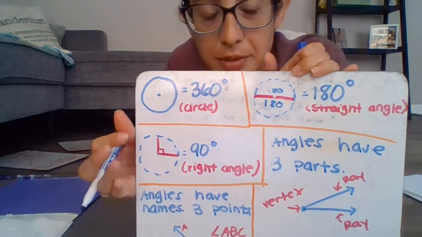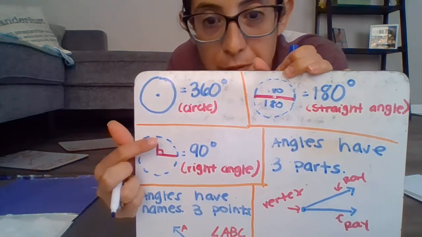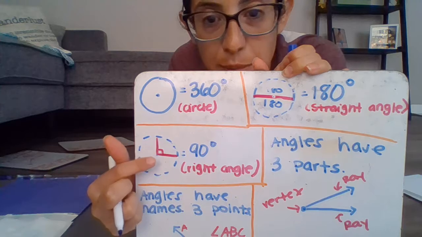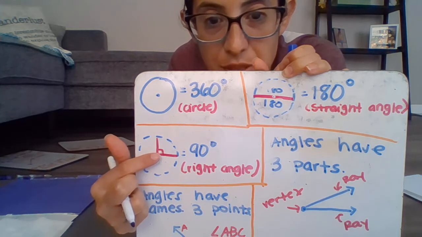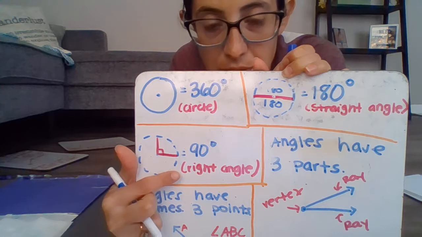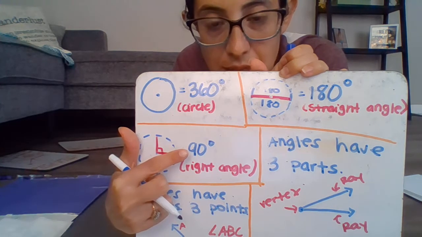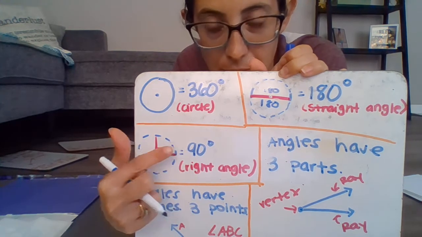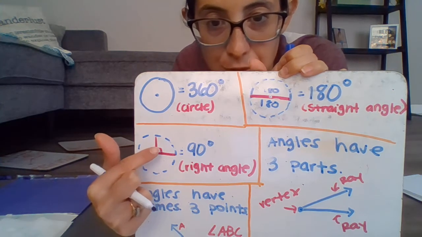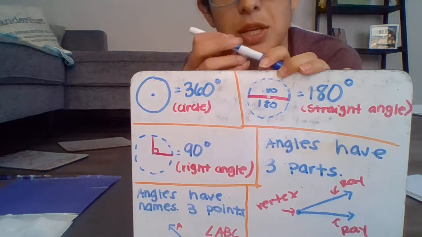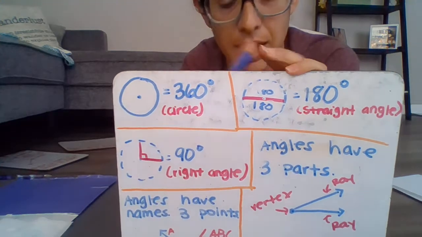Then we move down here, okay? So remember, if I cut 1/4 out of my circle, it's going to give me a square angle, which is a right angle that measures 90 degrees. So 1 fourth of a circle is equal to 90 degrees. That's a right angle.